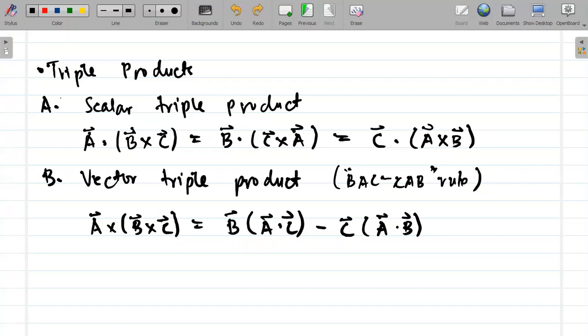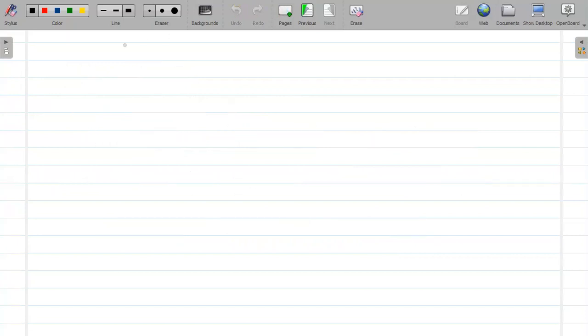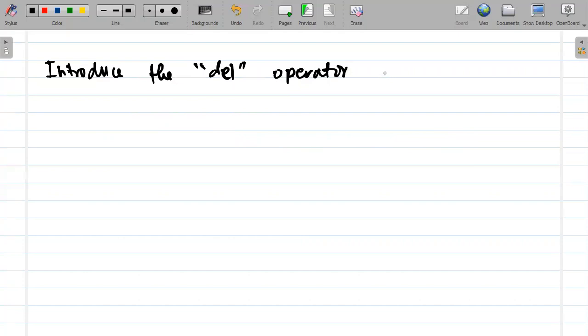So, now class, let's introduce the del operator. So, ito siya. Bakit del? Baliktad ng delta. Di ba yung delta ganyan? So, pag binaliktad mo siya, siya yung del operator.